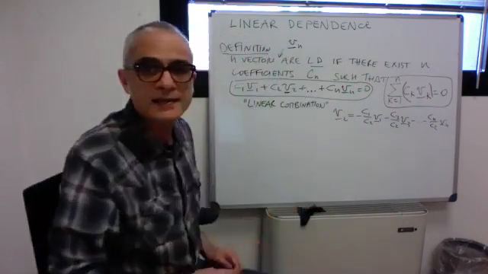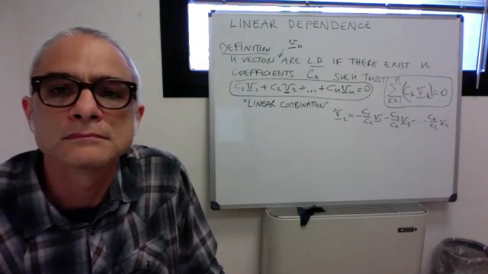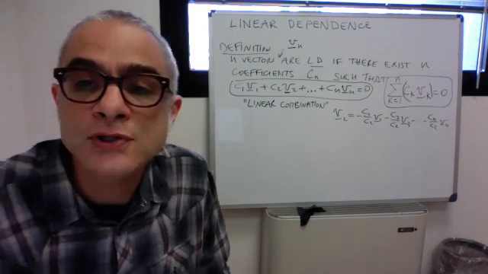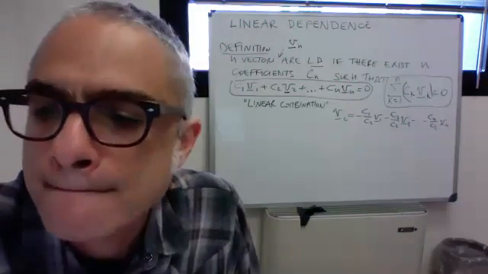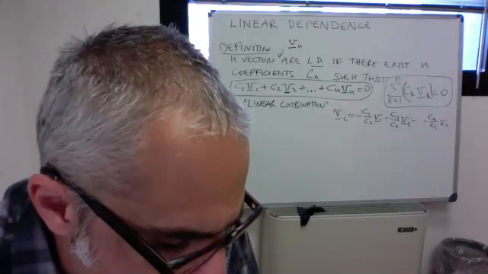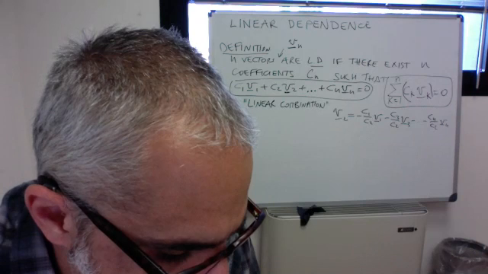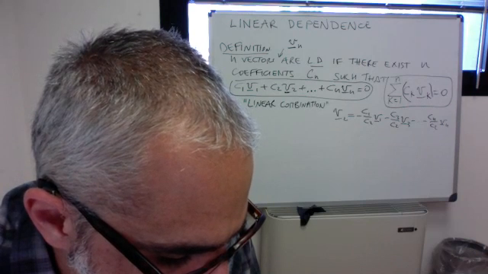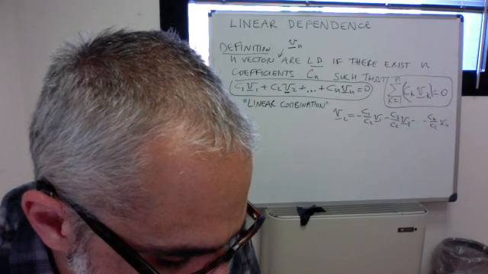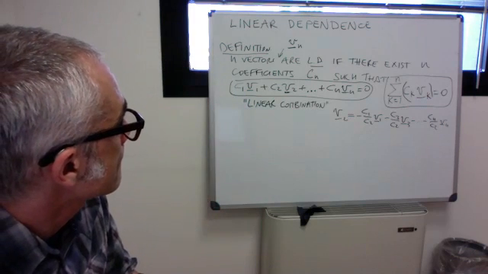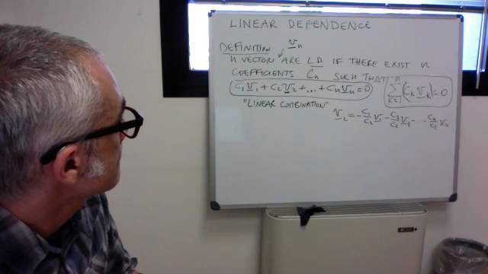Sorry, sir. I remember the definition of linear dependency is not exactly like you said. I think you forgot the condition: unless there exists at least one coefficient Cn different from 0.